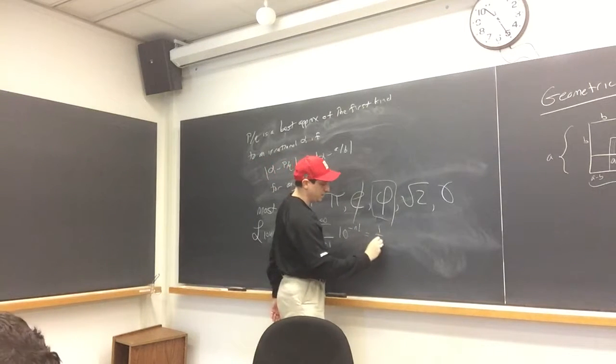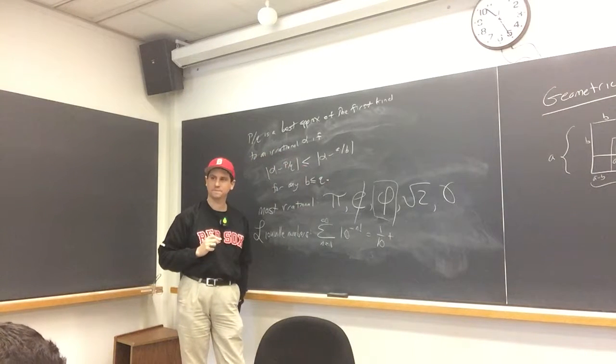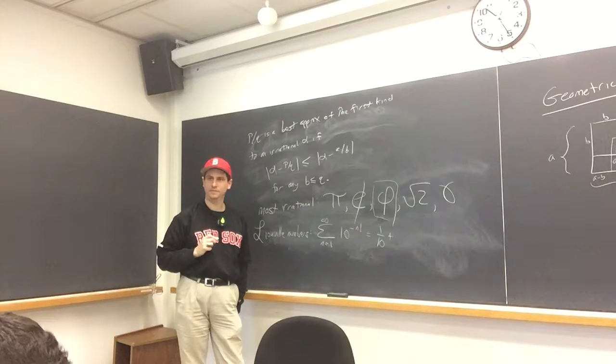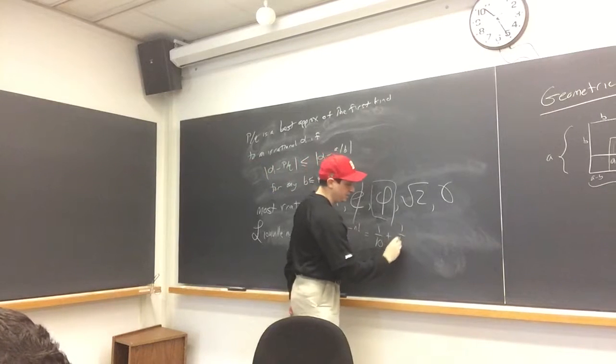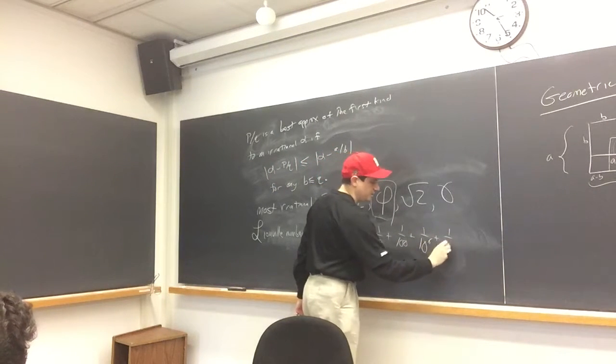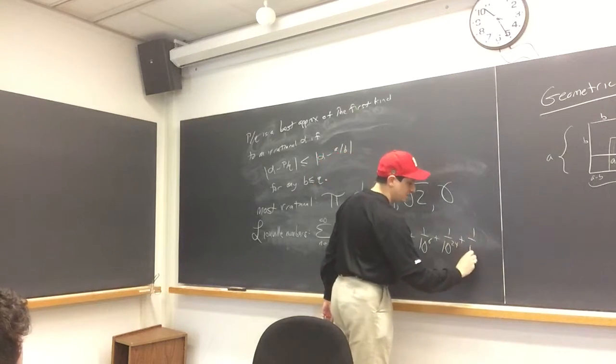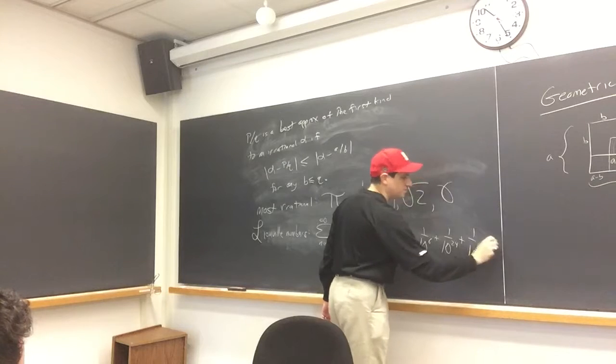It's 1/10. What's the next term in the sum? 1/100. Next would be 1/10 to the 6th, then 1/10 to the 24th, then 1/10 to the 120.